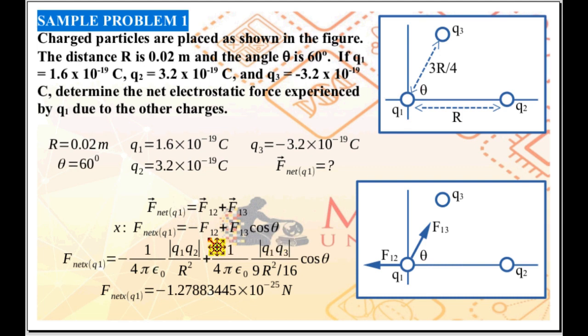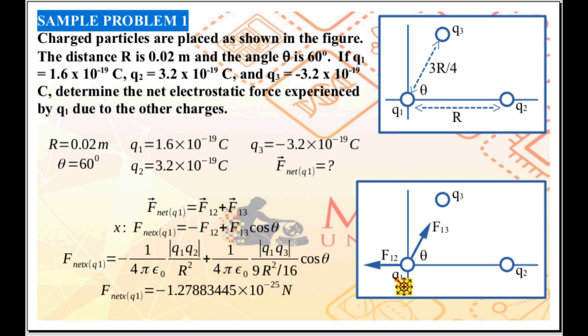Using Coulomb's law for the magnitude of F12 and F13, we have negative 1 over 4 pi epsilon naught Q1 Q2 over r squared plus 1 over 4 pi epsilon naught Q1 Q3 over 9r squared over 16 cosine theta.